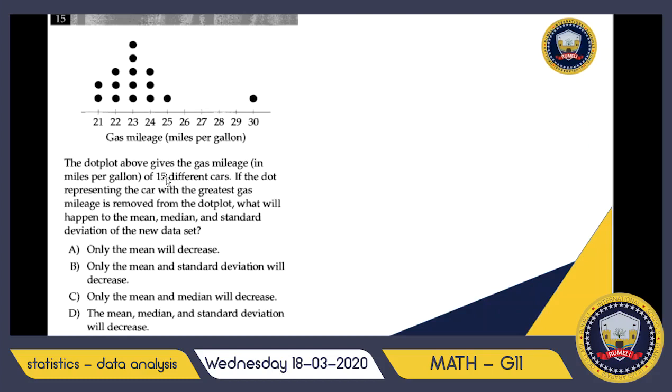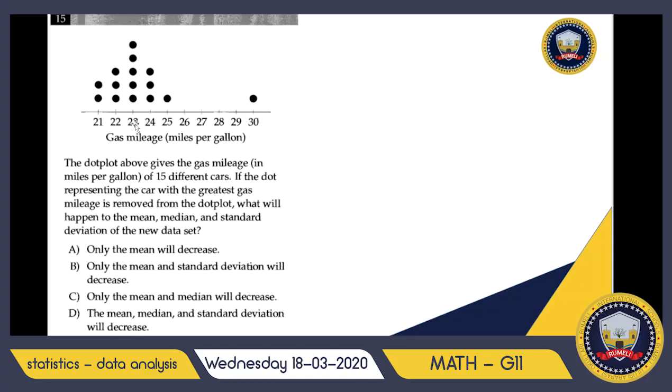After removing this outlier, n in this case is 14, so we have two middles, the index 7 and the index 8. We have to average the index 8, which is here, and the index 7, which is also 23, so the median is 23.